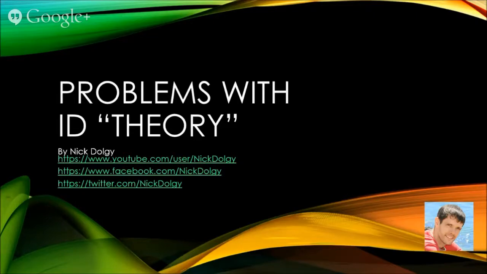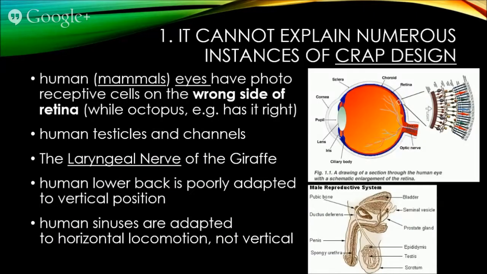So I have several points why I think intelligent design does not hold a standard of theory or science or anything close to that. If you look around, if you are very careful in what you're seeing, you will see countless examples. I mentioned several of them here on this slide.